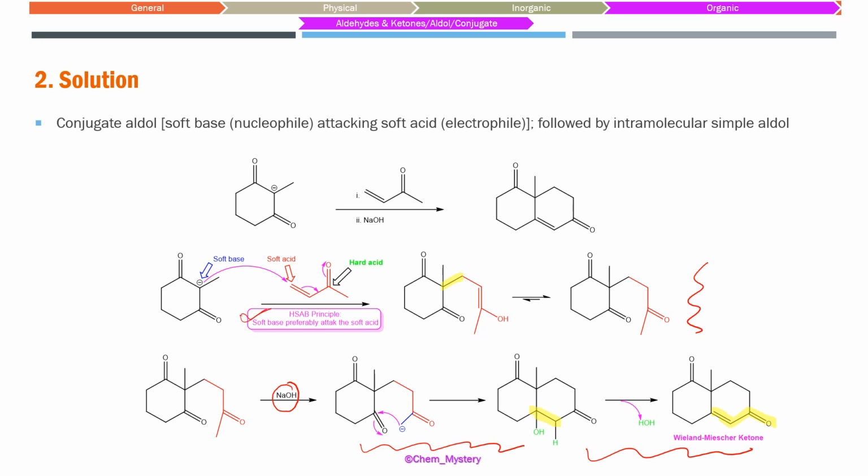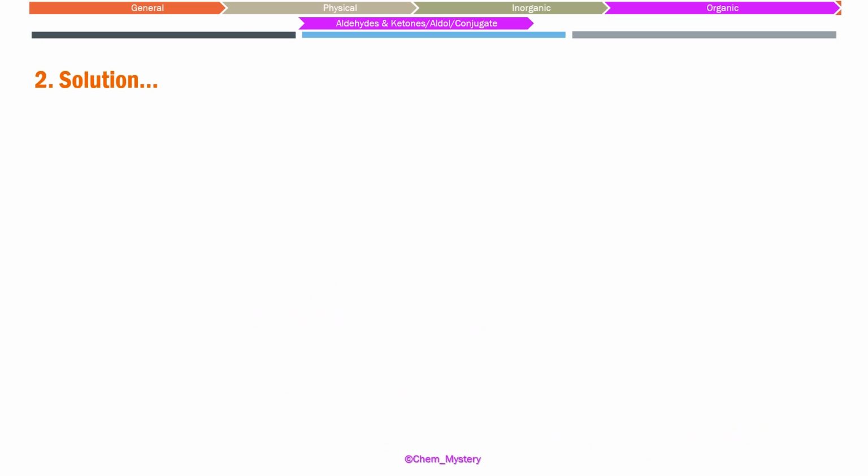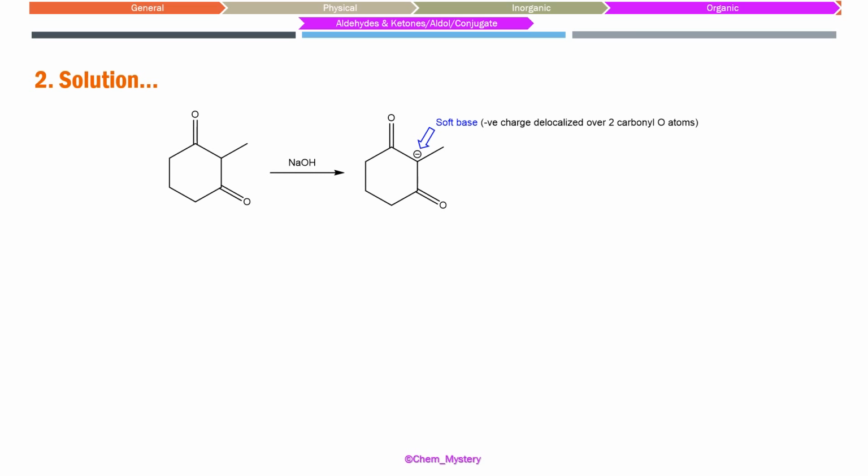We'll have a little more detailed discussion about how these steps are taking place and the reasoning behind that. The very first step: when we have this dicarbonyl compound, sodium hydroxide is reacting. This hydrogen is very much an acidic hydrogen. This hydrogen is going to be taken by this base. The carbanion being generated, we call this a soft base. The reason is very simple, because this negative charge present on carbon can be delocalized onto these oxygen atoms.